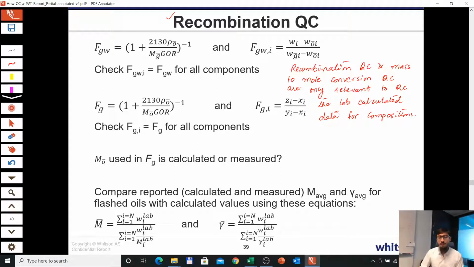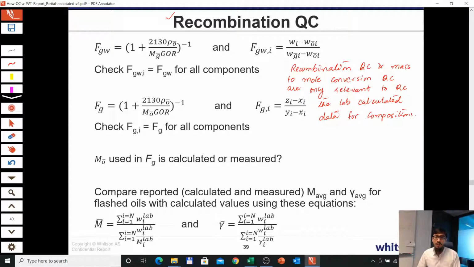Okay, and the best example to explain this is the DLE material balance QC, and the DLE density QC, or the separator density QC, where we know that the reported compositions or the reported densities by the lab for the DLE and separator test are calculated values from the material balance.